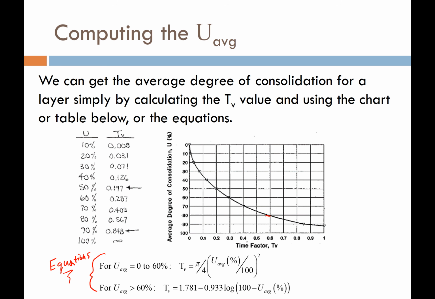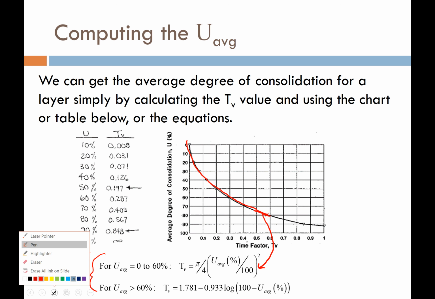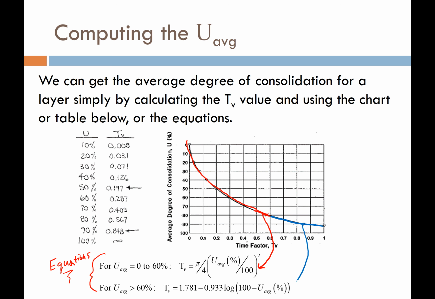So this portion of this curve that I'm highlighting right here, okay, that's 0 to 60. That's this guy right there. And then I wonder if I can change my color. Yeah. So then this blue portion of this curve, that's this equation down here.